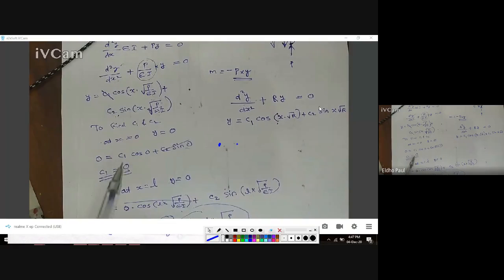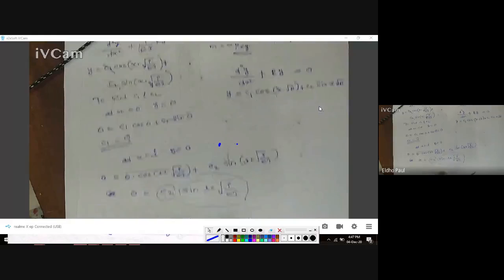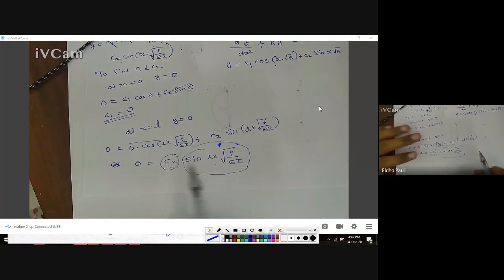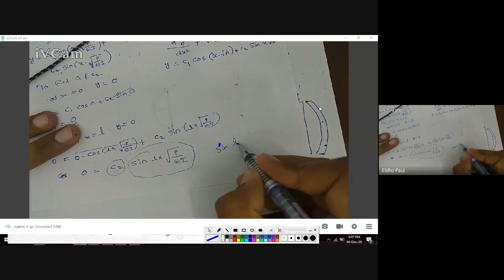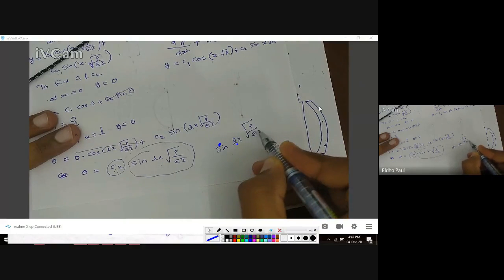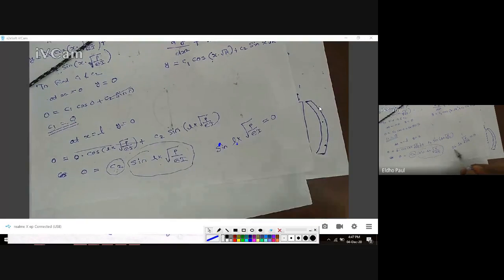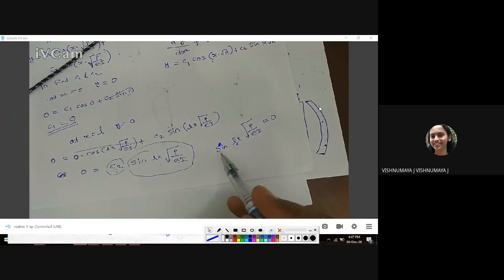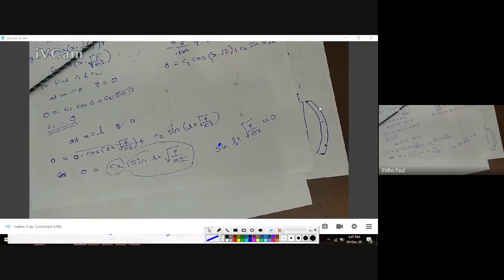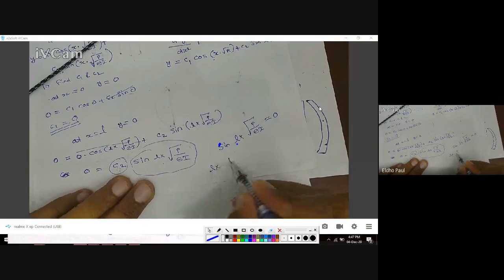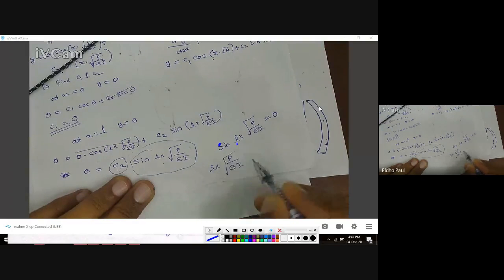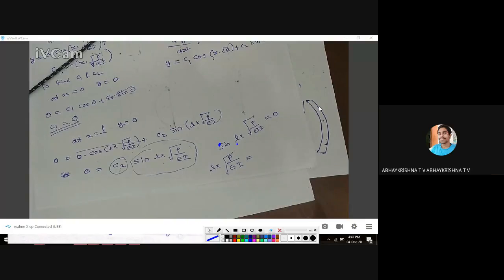Already we got c1 equal to 0. So c2 will not be 0, so we can say sin L into root p by EI equal to 0. Sin something is equal to 0. Sin x is equal to 0, then x will be equal to n pi.